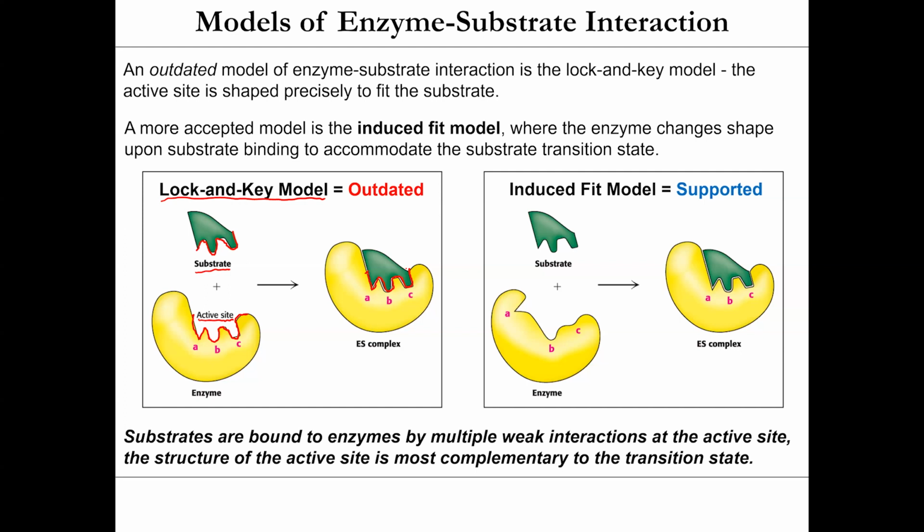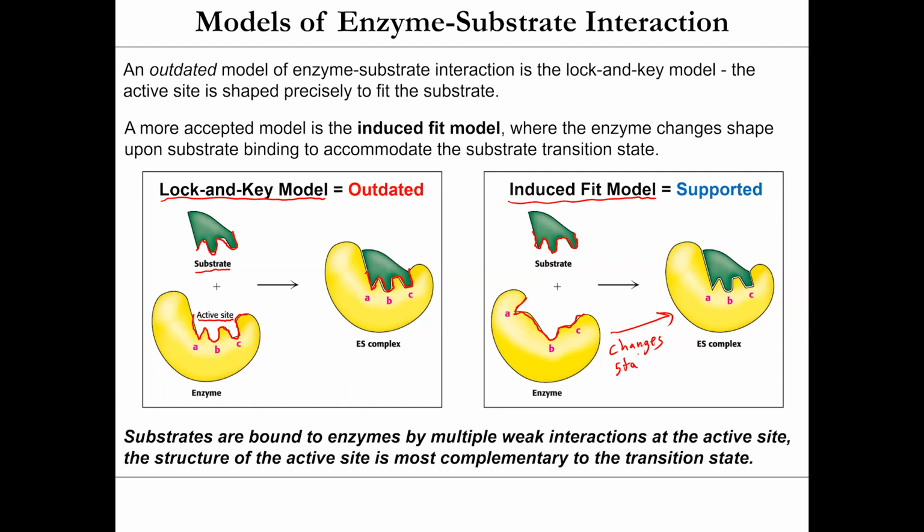But as we've gained more and more information on different enzymes, more about their structure, more about the enzyme substrate interaction, a more accepted model now is the induced fit model. In this model, the enzyme actually changes shape upon substrate binding to accommodate the substrate transition state. We already went over that enzymes act by accommodating the transition state and lowering that activation energy.